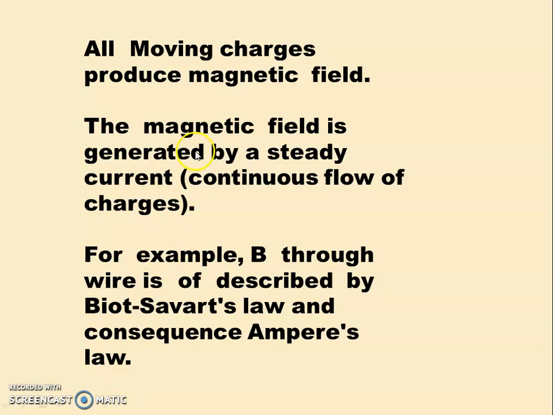All moving charges produce magnetic field. The magnetic field is generated by steady current, a continuous flow of charge. For example, B through a wire is described by the Biot-Savart law and Ampere's law.